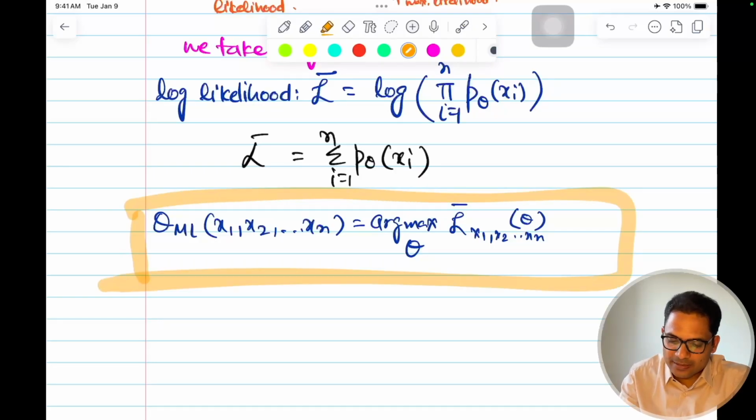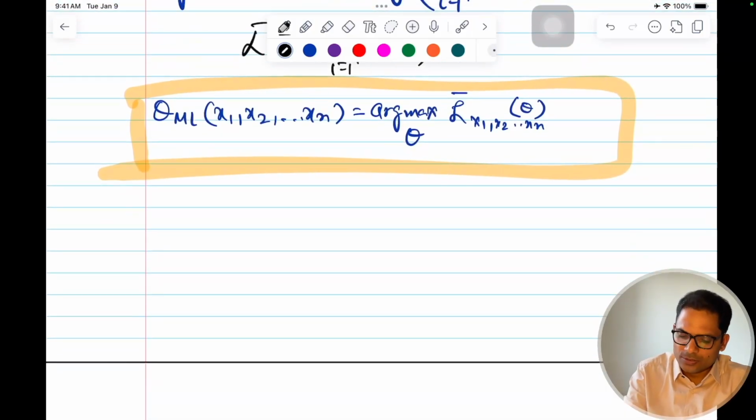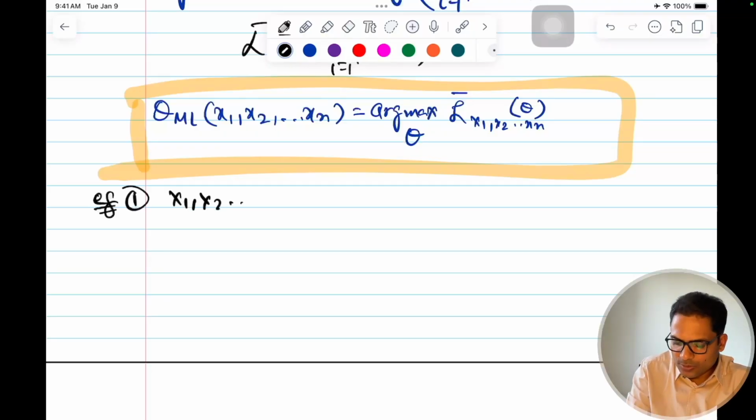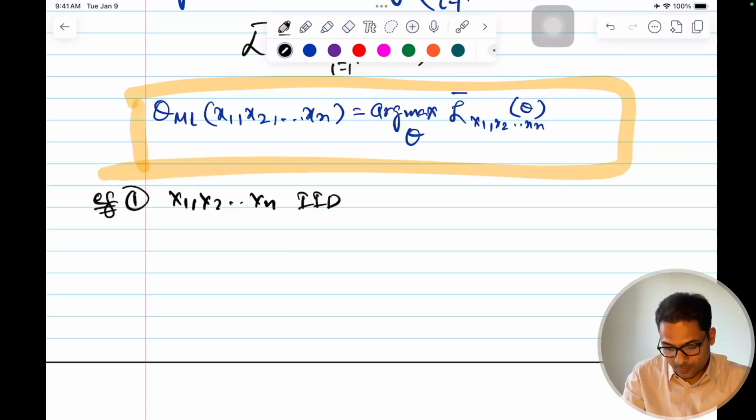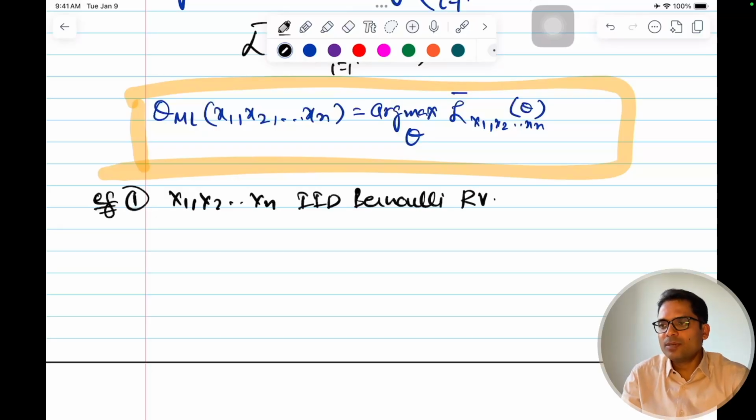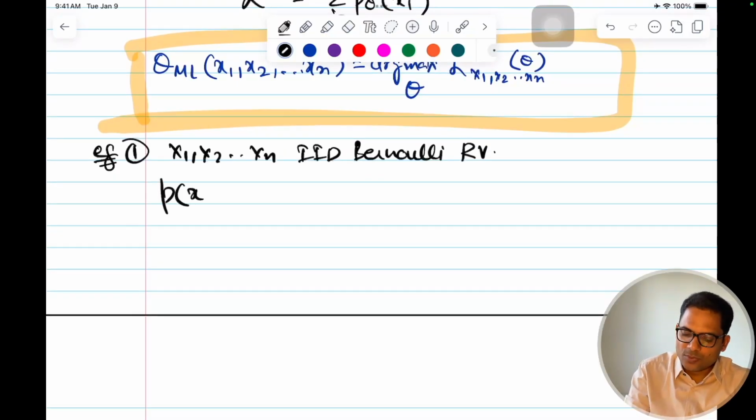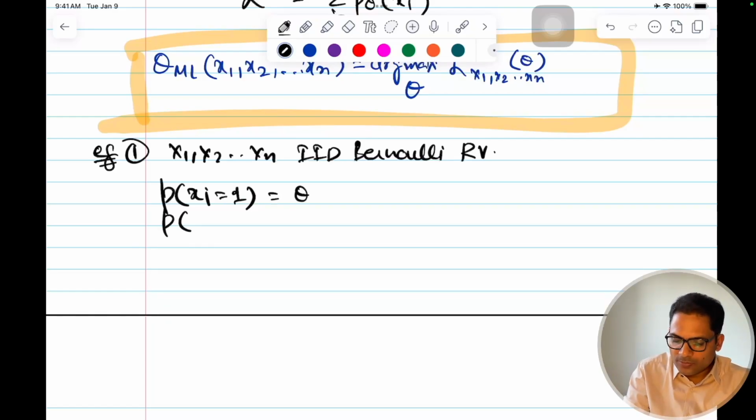So let's understand this using a simple Bernoulli example. For example, we have again x1, x2 like that to xn, IID Bernoulli random variables. Probability of xi equal to 1, that is success, is equal to theta, and probability of xi equal to 0, that is failure, is 1 minus theta.